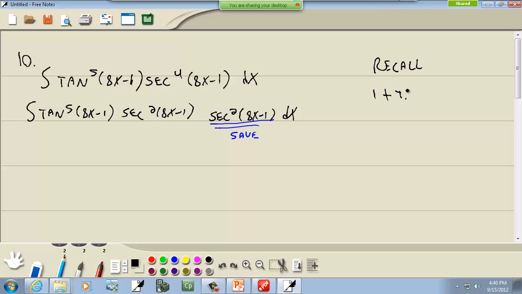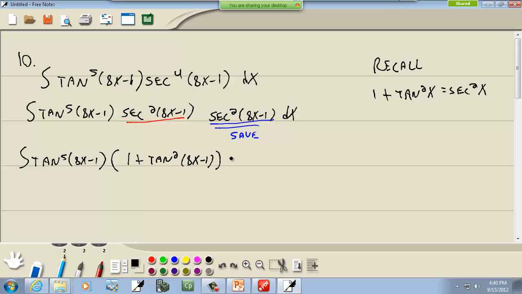It says 1 plus tangent squared is equal to secant squared, which means this secant squared right here we can rewrite as 1 plus tangent squared. So we'll have tangent to the fifth, 8x minus 1, times 1 plus tangent squared, 8x minus 1, and then times secant squared, 8x minus 1 dx.